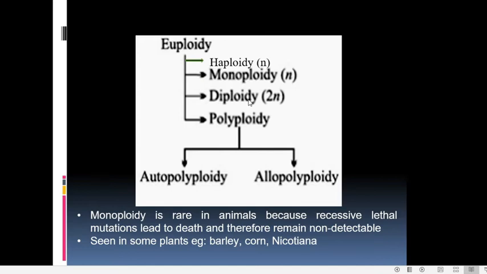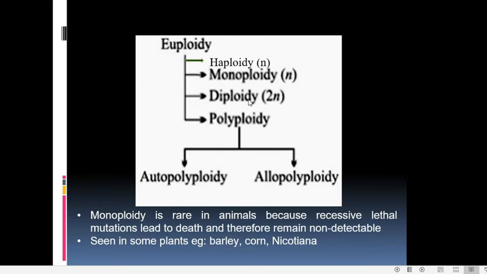In haploidy, the somatic cell of an organism has the gametic number of chromosomes. Whatever the number of chromosomes in the gametes of that species, the same number will be seen in the somatic cells. That condition is called haploidy. Diploidy is when the somatic cells contain twice the haploid number. It is found in sexually reproducing organisms where gametic fusion results in zygote formation.